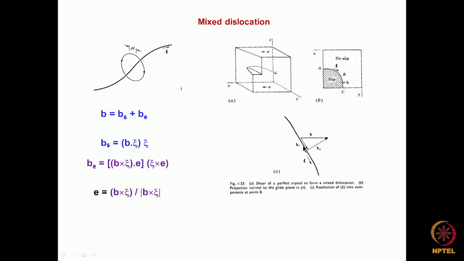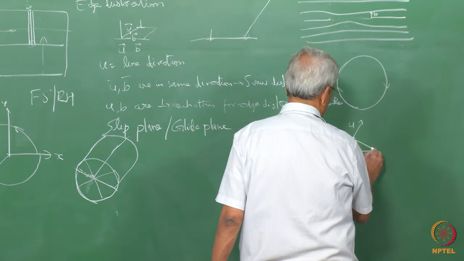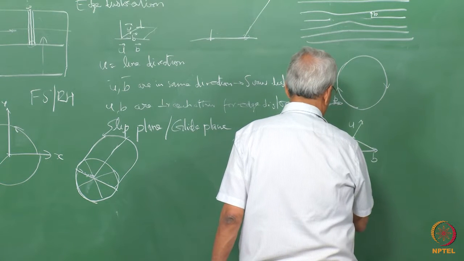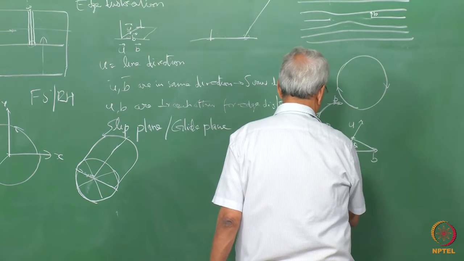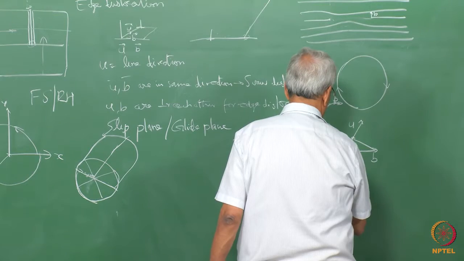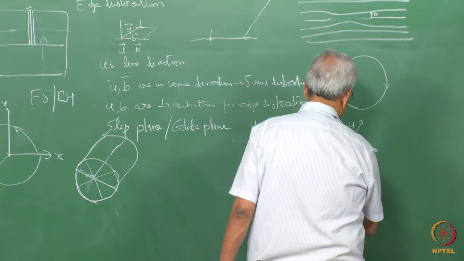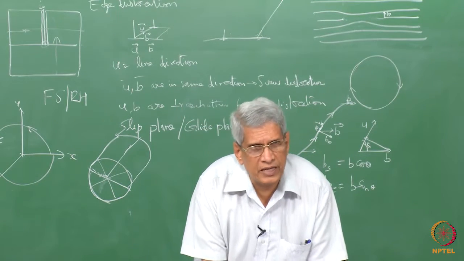If this is u, this is the Burgers vector, we can find out the component in this direction if we know the angle. This will be b cos theta, the screw component, and this will be b sin theta, correct? That will be the edge component. That is a simple way in which we can write it.